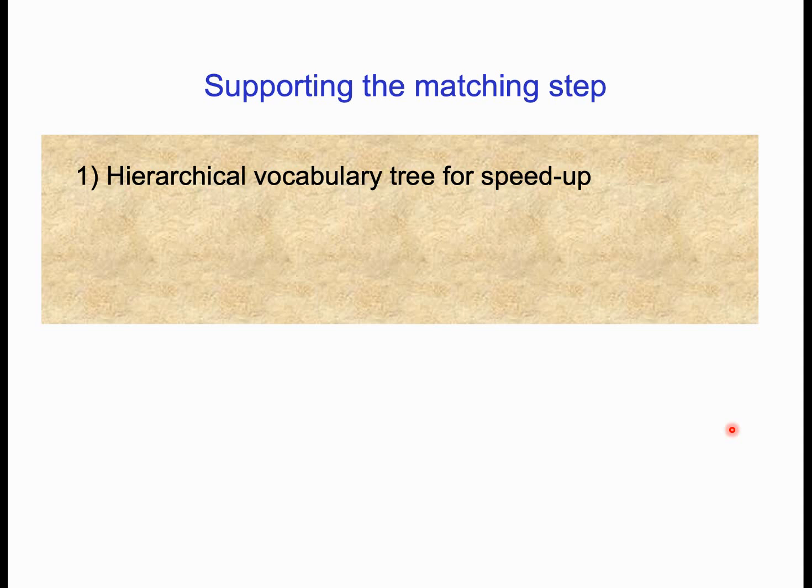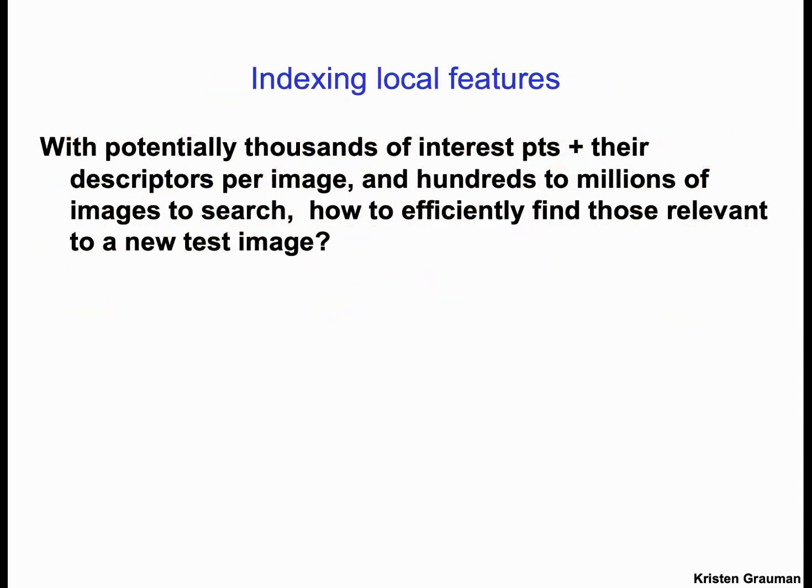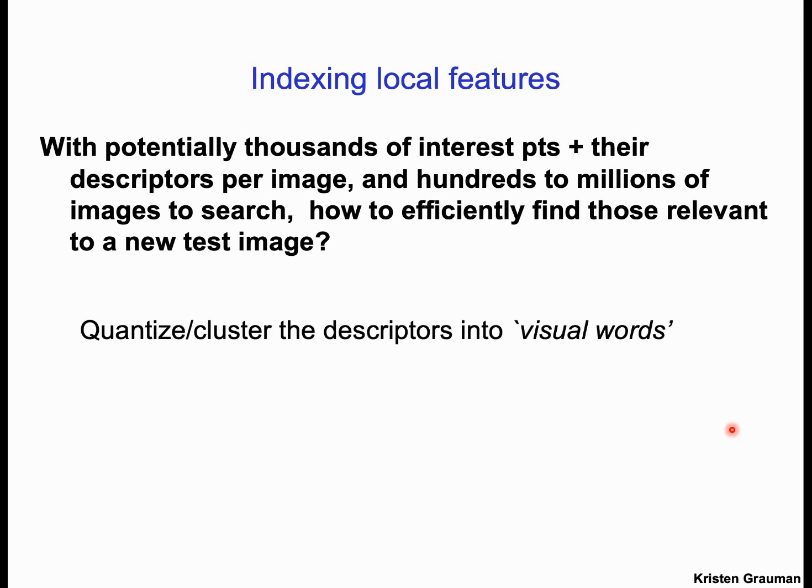The underlying principle that we will use is hierarchical vocabulary trees to speed up the matching process. Now, as we've discussed, with potentially thousands of interest points and their descriptors per image and hundreds to millions of images to search in our database, how can we make it efficient?